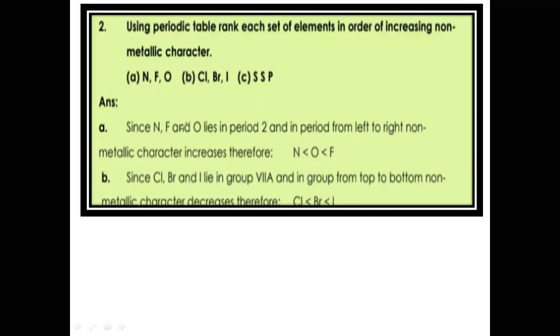Since nitrogen, fluorine and oxygen lie in the second period, and in a period from left to right the non-metallic character increases, we can say that fluorine is more non-metallic than oxygen, and oxygen is more non-metallic than nitrogen.